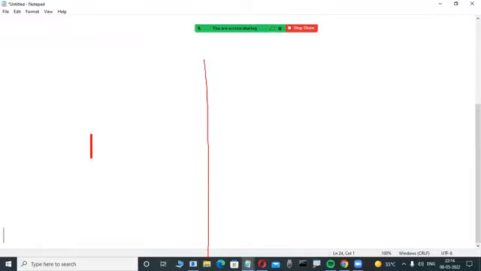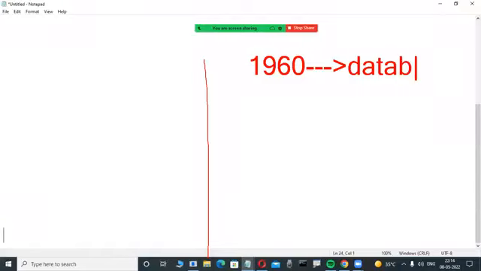Actually, before 1960, databases did not exist. From 1960 onwards, database software became available. Oracle was not available, but databases were introduced as a separate concept. When we install these softwares, some space is automatically created on the disk, where we store our data permanently on the hard disk of a computerized system.